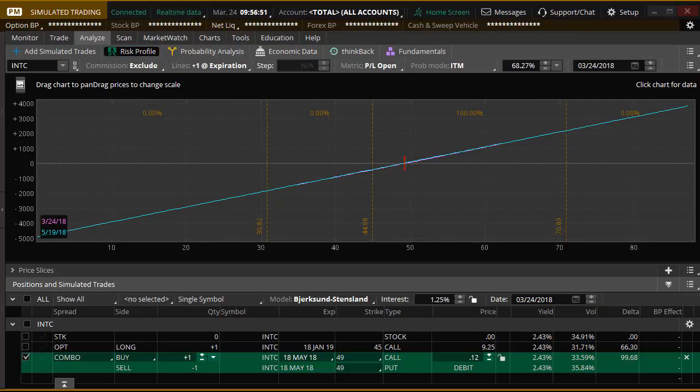If the stock were to fall below a specific price level, I can have a conditional order to sell this trade if it falls to a specific point on the chart. I want out. Okay, I want out.